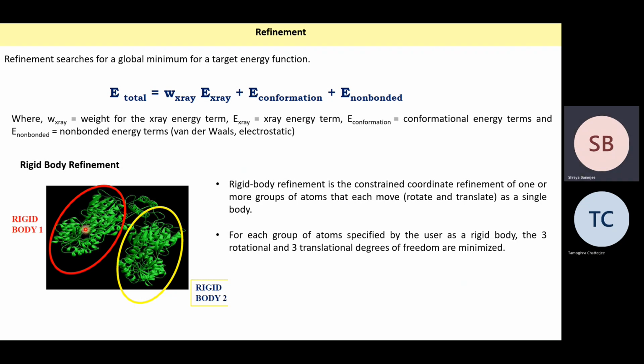But with respect to one part, the other part can move, and this movement is carried out to search for the minimum energy conformation. So the movement consists of 3 rotations and 3 degrees of translation, and a molecular dynamics simulation is carried out to find the minimum energy conformation.